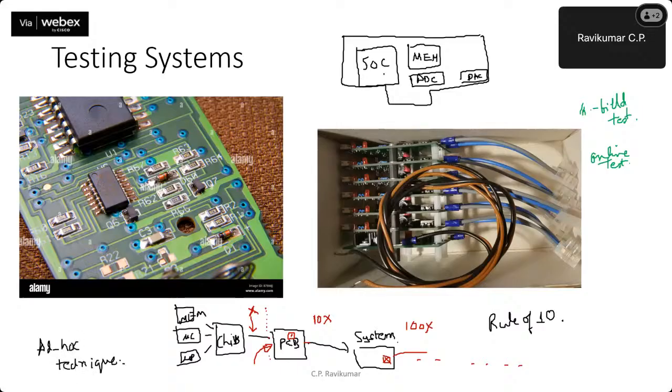What is an ad hoc technique? There is no guarantee that it will work everywhere, right? It is some sort of a hack that we have found in order to make our life simpler, right?